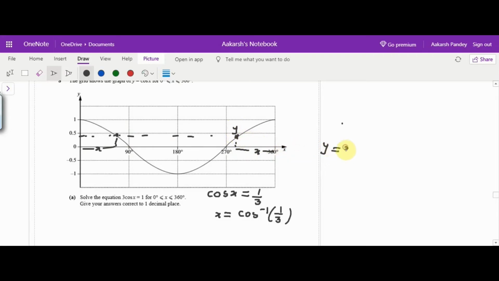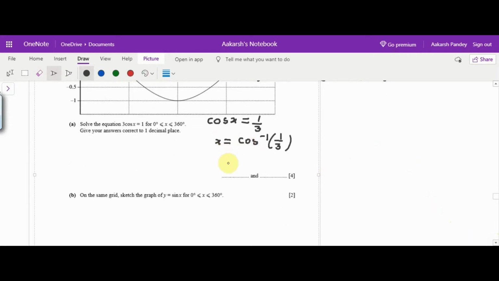So y is actually 360 minus x. So two answers: whatever this cos inverse 1 by 3 value is, which is x, and 360 minus x. But make sure that you don't write x, you have to write cos inverse of 1 by 3 after calculating it in the calculator.